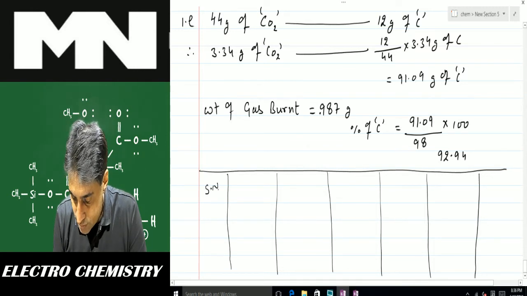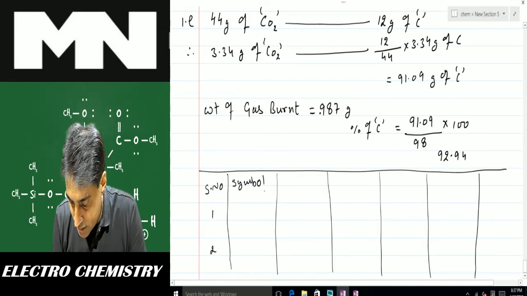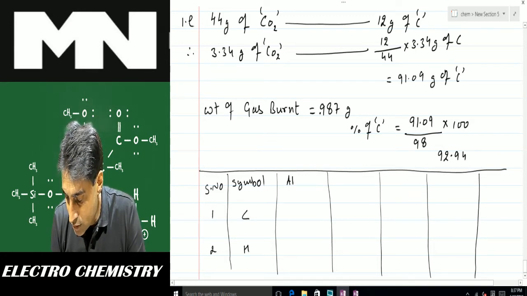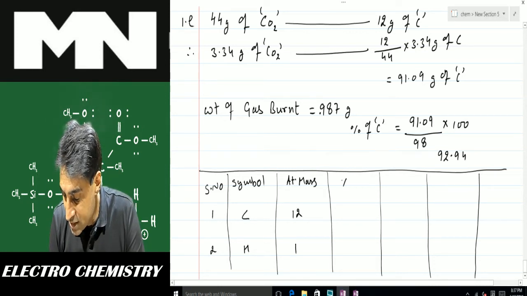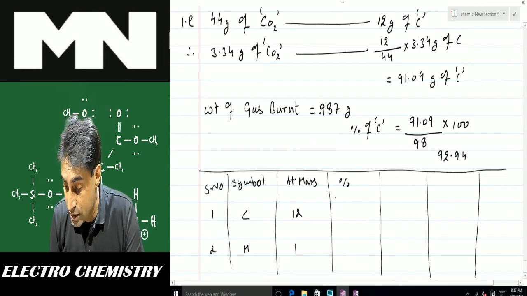Serial number, that is 1 and 2. Symbol of element, that is carbon and hydrogen. Atomic mass of element, that is 12 and 1. Percent, which we have already calculated.